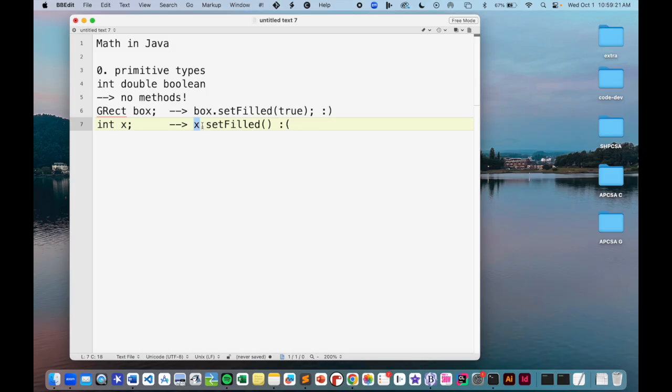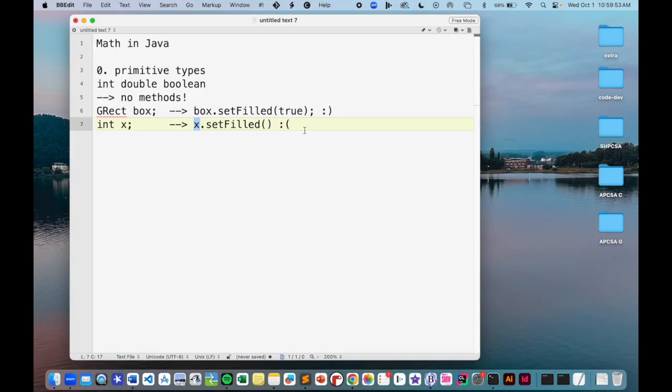You are not allowed to use a method on a primitive type. They just don't exist. Primitive types do not have methods. We would say that box is an instance, but we would not say that x is an instance. When I say instance, I mean a variable of type of some class, right? GRect is a class. X is just a variable. I would not use the word instance for x.